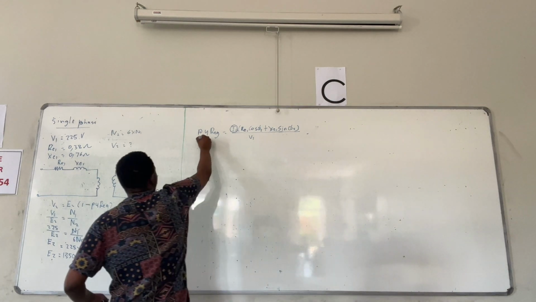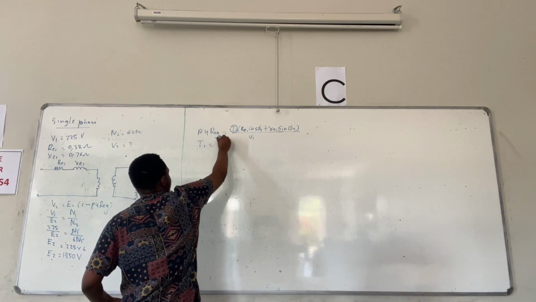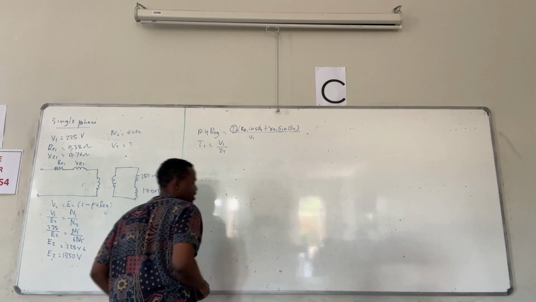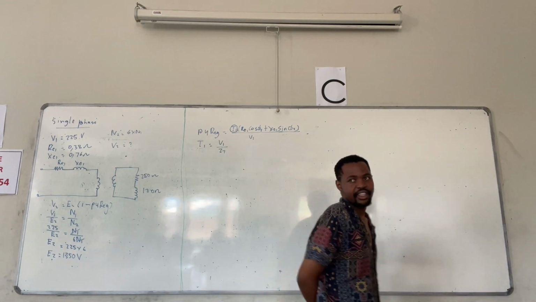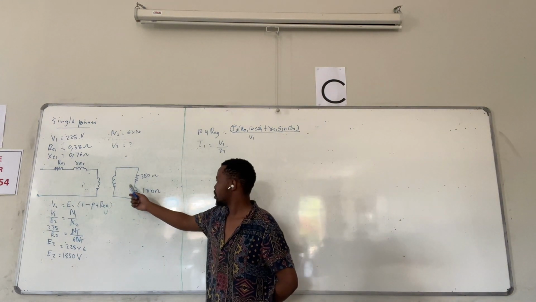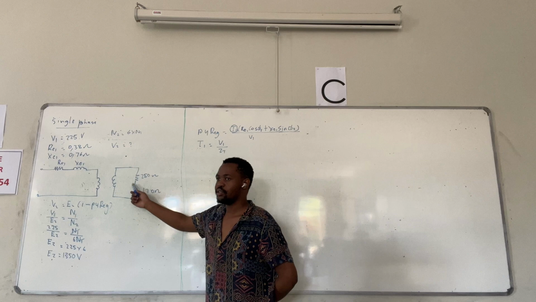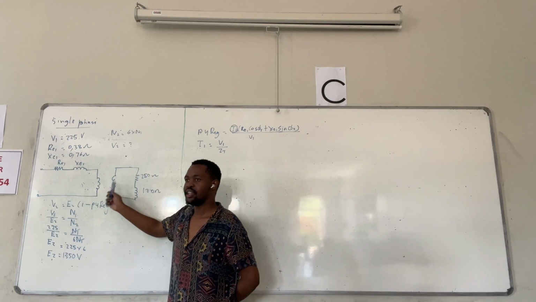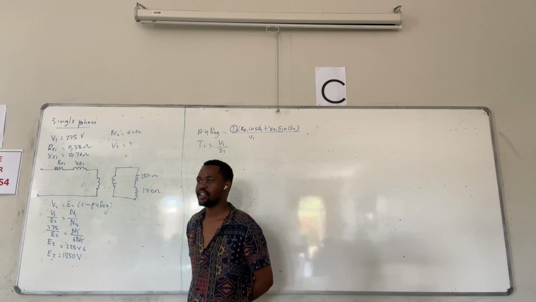That is I1, which is V1 over ZT. We must also account for this load, because the primary current is also dependent on the secondary current.